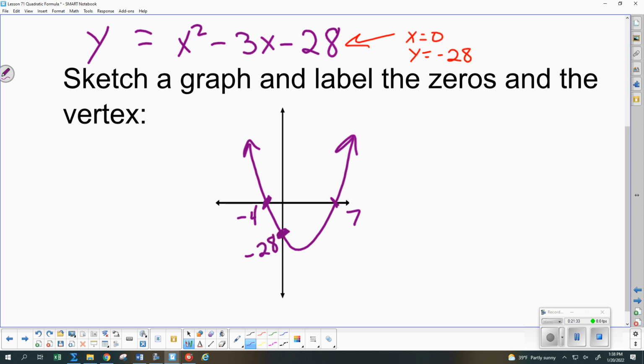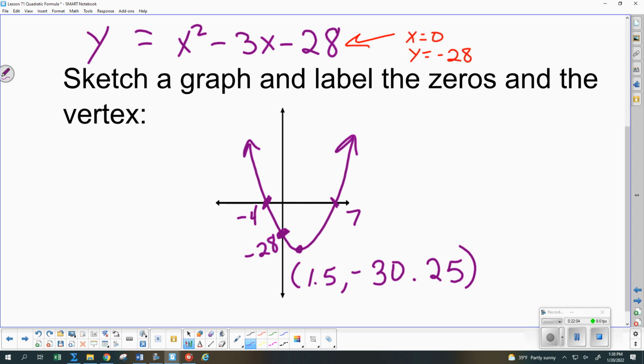You can put the zeros with those if you want to. And what was the vertex? 1.5, -30.25? Did others get 2.5? Fix your settings on there like I showed how to check to make sure they're on float. And that would be what your sketch would look like.